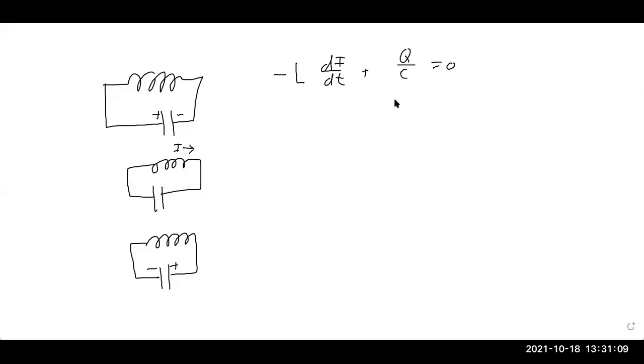Looks like two entirely separate variables, but current is the rate of change of charge. So the rate of change of current is the second derivative of charge.